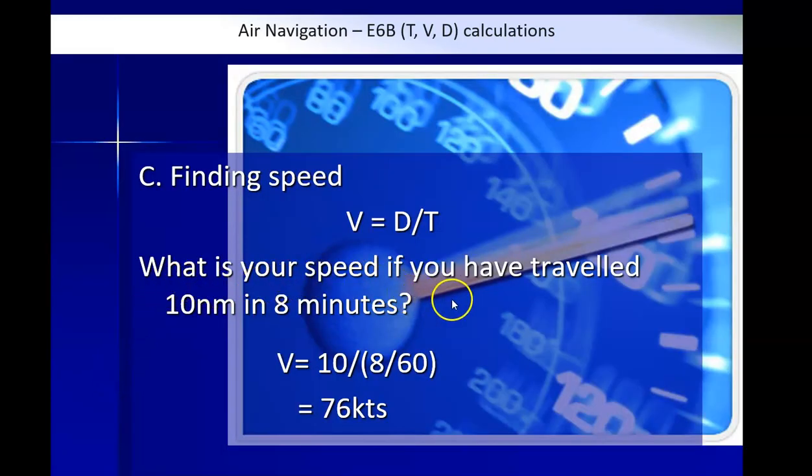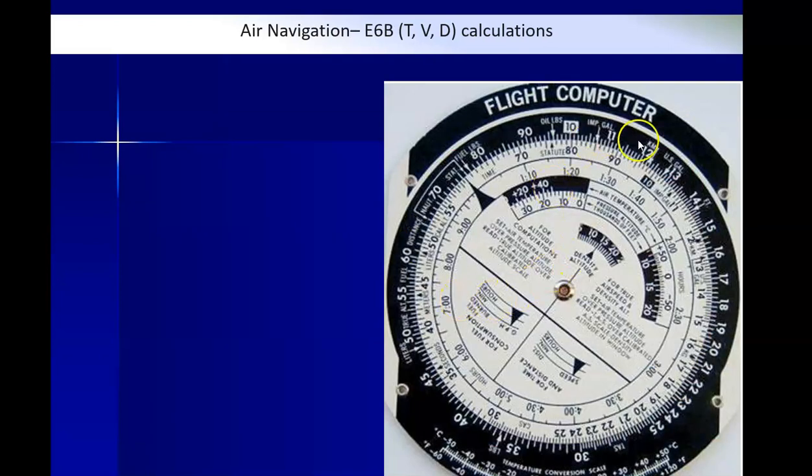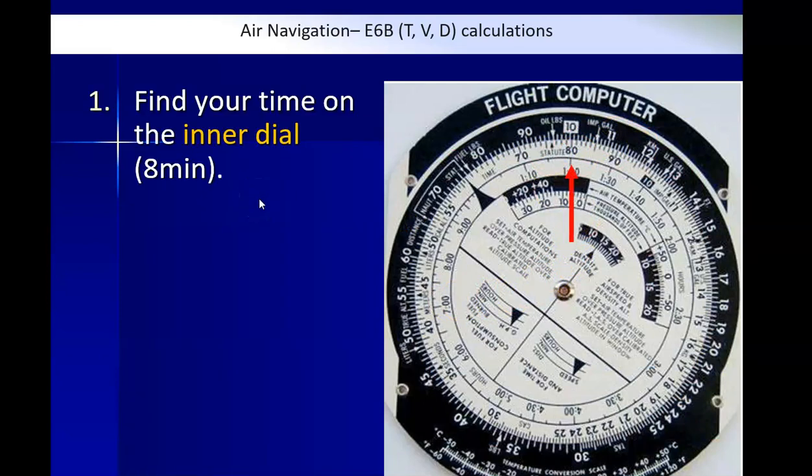When you find your speed, all you have to do then is match your time circle with your distance circle, and then read the reference. It makes it really, really easy. So if I'm going 8 minutes, I'm going to match that 8 minutes with my 10 nautical miles there.